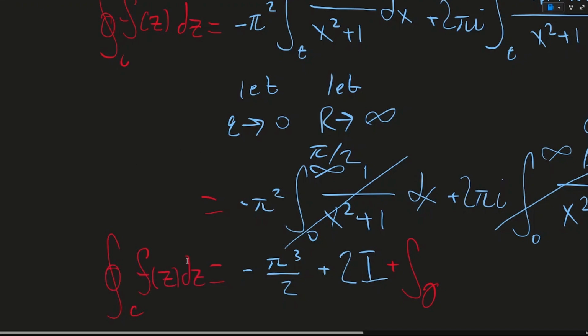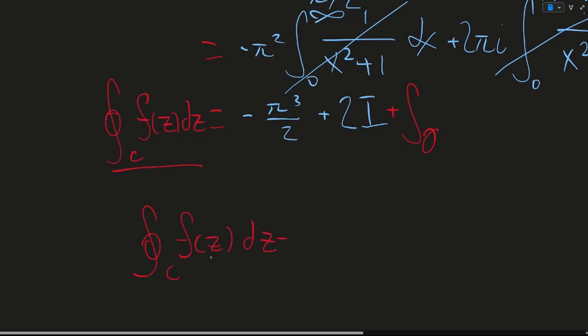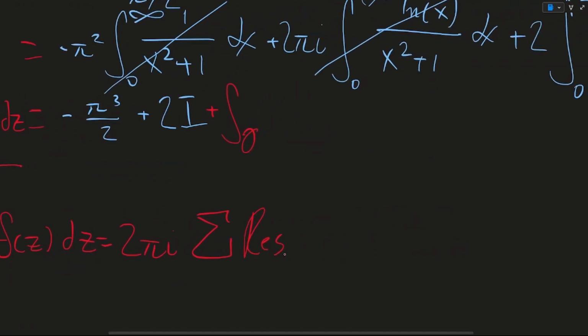And now to evaluate the actual contour integral itself, we can use Cauchy's residue theorem, which tells us that the integral along a contour C of f of z dz is equal to 2 pi I times the sum of the residues of the function f of z at its poles.